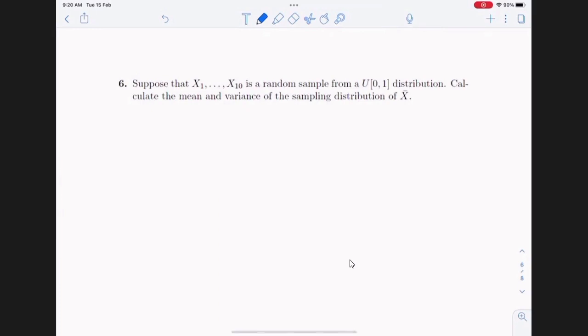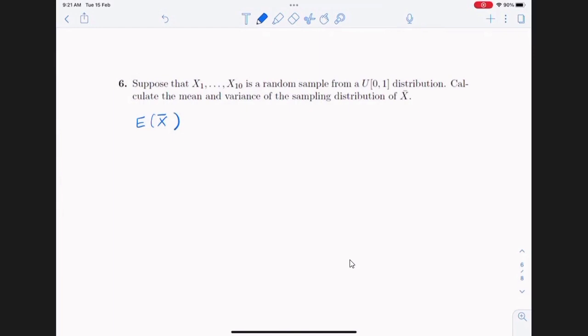In general, what is the expectation of the sample mean for a random sample? Any idea? What is the expectation of the sample mean? This is something that was taught in the lecture. It is also a mean, but it's not the sample mean.